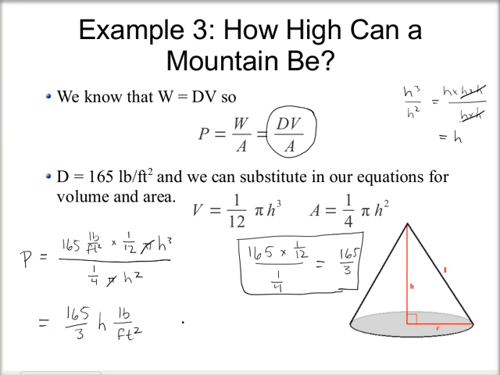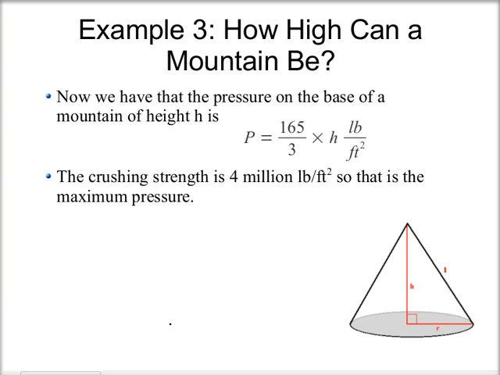And now I wanted to know how tall a mountain could possibly be. So I know that the pressure on the base of the mountain with height h is given by this formula, and the crushing strength is 4 million pounds per foot squared, so that's the maximum pressure.